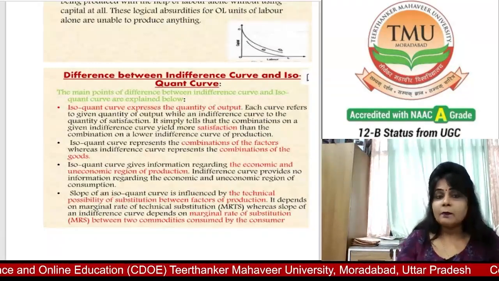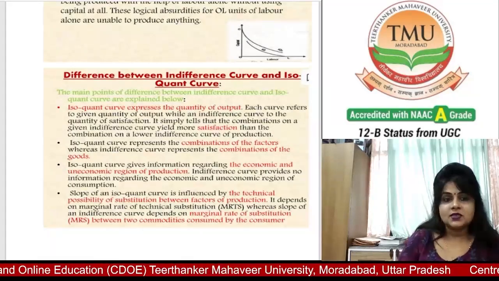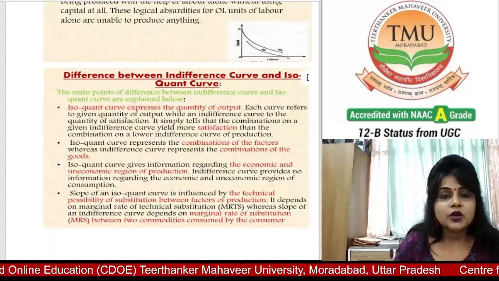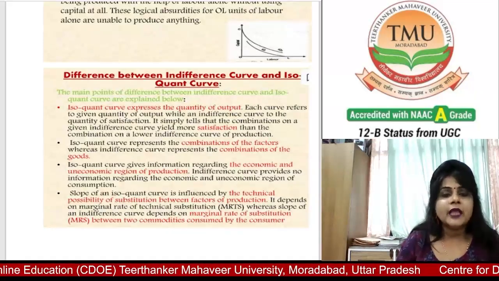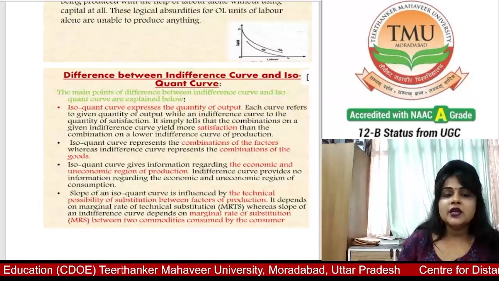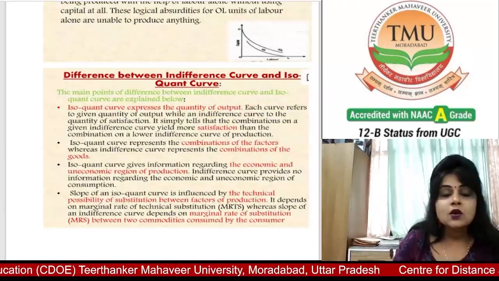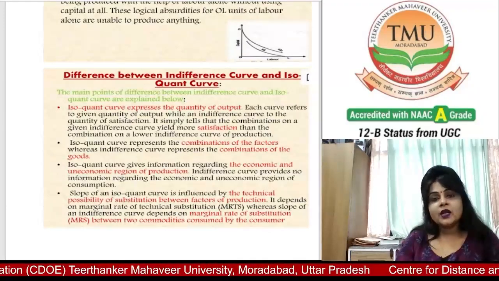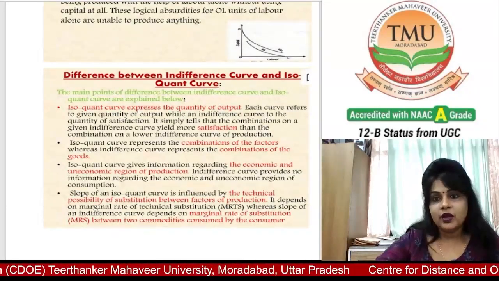And the marginal rate of substitution depicts the consumer's willingness to replace a commodity in a commodity bundle with another commodity that provides similar satisfaction. At the same time, the marginal rate of technical substitution shows how a firm can replace one input factor with another without changing the output level.